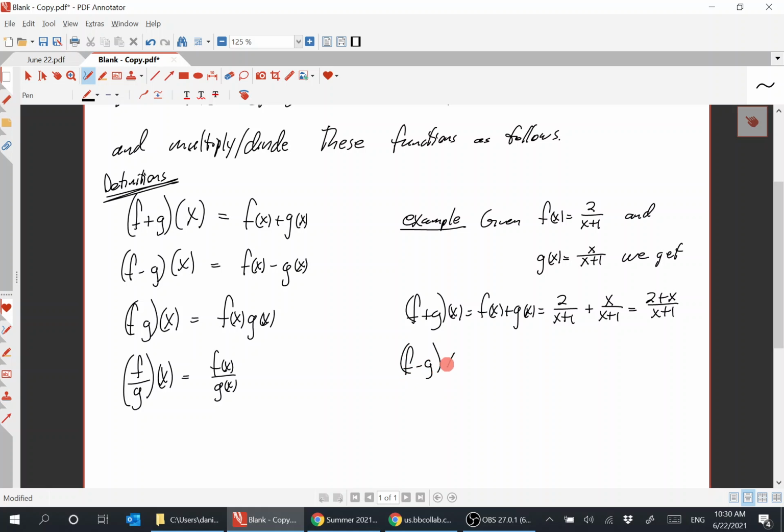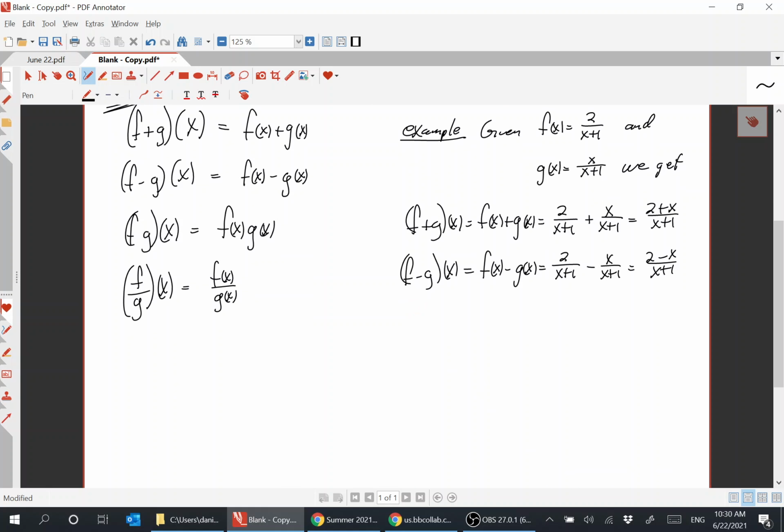F minus g of x is f of x minus g of x, 2 over x plus 1 minus x over x plus 1, which is 2 minus x over x plus 1. And then f times g of x is f of x times g of x, the product of the two functions. 2 over x plus 1 times x over x plus 1 is 2x over x plus 1 squared.